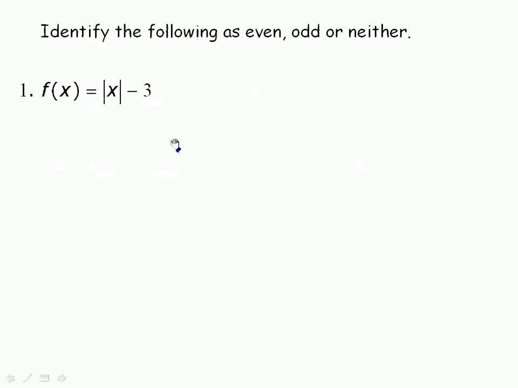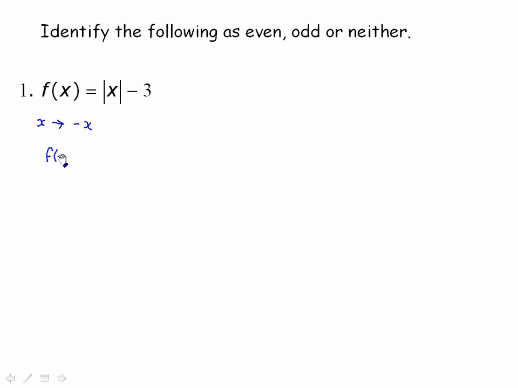So let's do a few, and I think that you'll probably get this down. So if f of x is equal to x, absolute value of x minus 3, well, all we need to do is replace that x with negative x, and then see where it takes us. So x gets replaced with negative x.